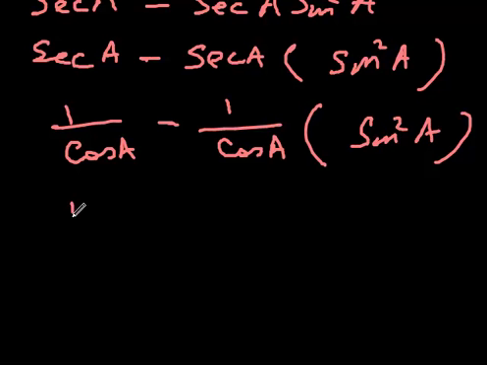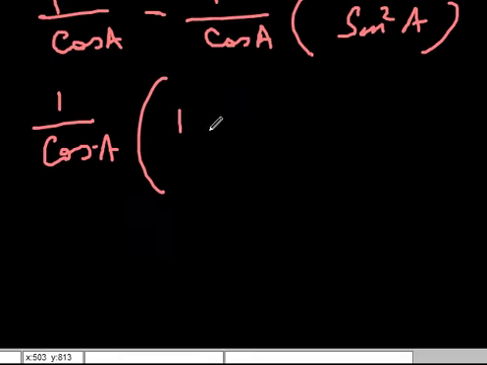So I will take that out as a common factor, 1 over cos a outside the bracket, which leaves me with 1 minus sine squared a inside.